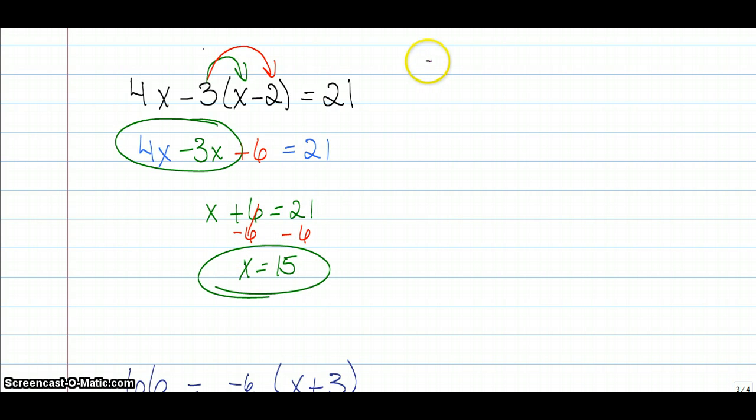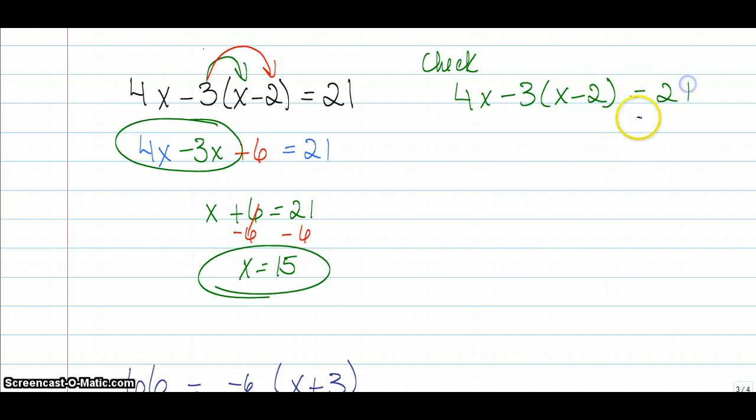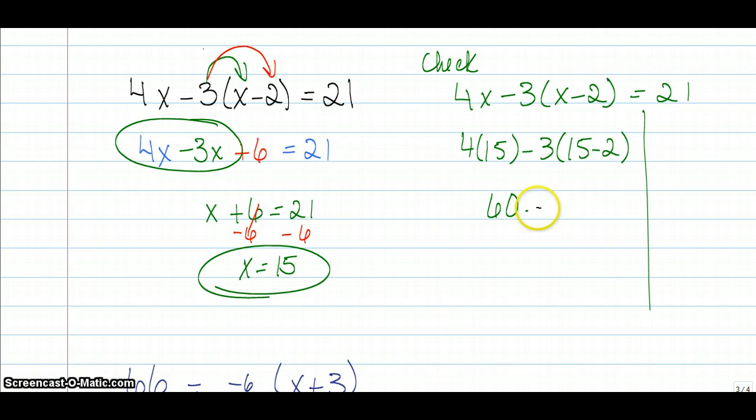Now I'm going to check my work. So 4x minus 3 times x minus 2 is equal to 21. So 4 times 15 minus 3 times 15 minus 2. 4 times 15 gives me 60.